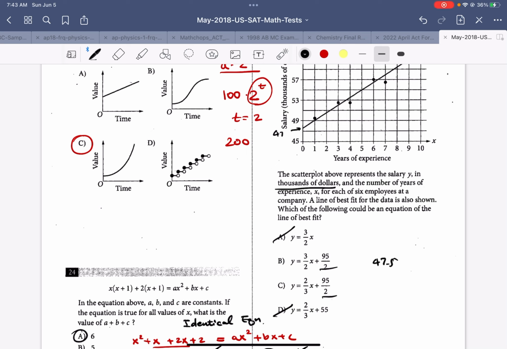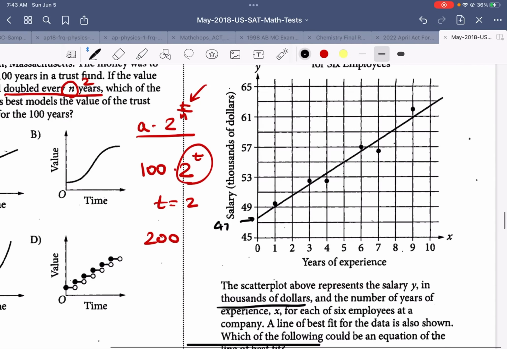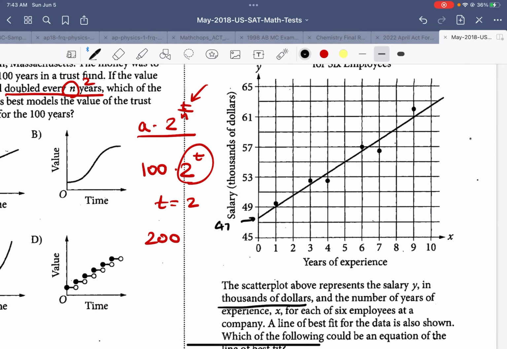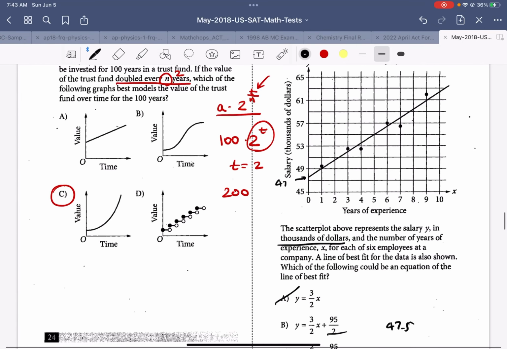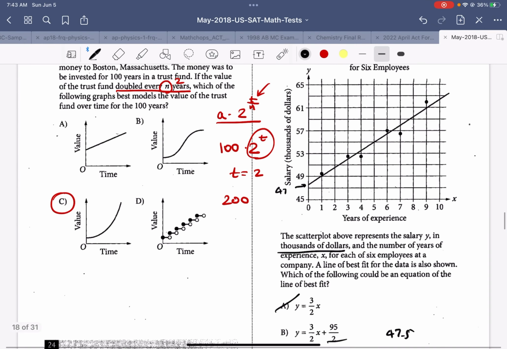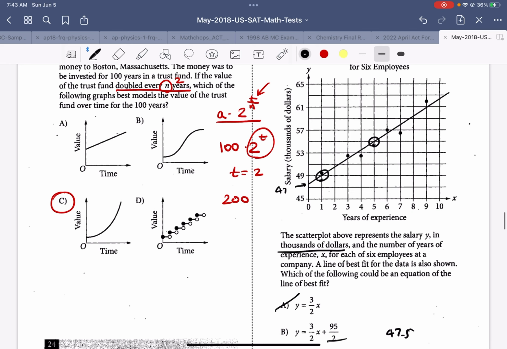So those are okay. And then which slope is it, 3 over 2 or 2 over 3? Let's look at the points here. You can choose this point, and the next one is around here. So you can say this one is 1, 49, and the other one 5, 55.